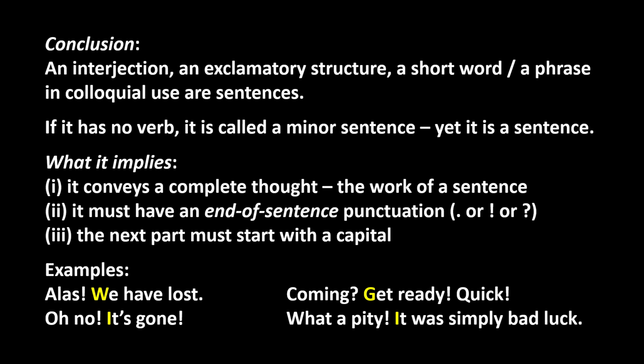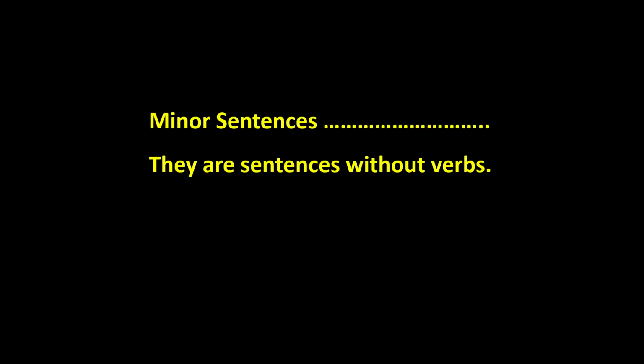Every minor sentence should have an end of punctuation mark, and the next part, which is a new sentence, should start with a capital letter, and they are regarded as sentences because they do the work of a sentence, conveying a complete thought or complete sense. So that was a brief discussion on minor sentences.